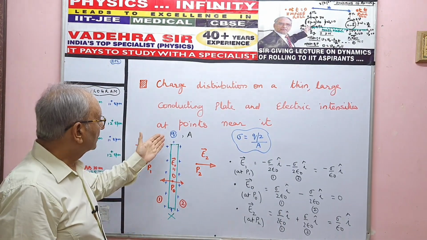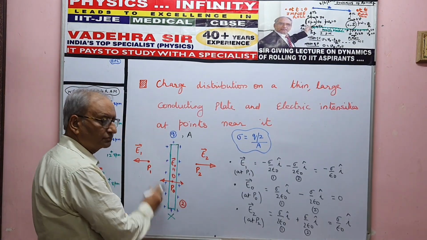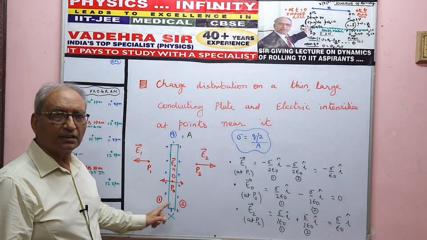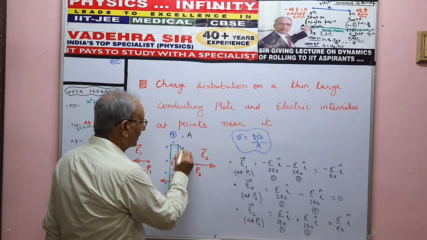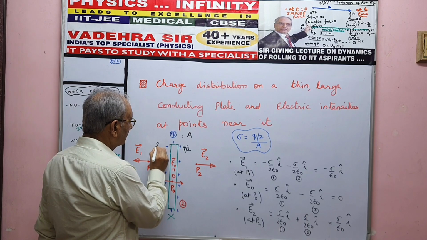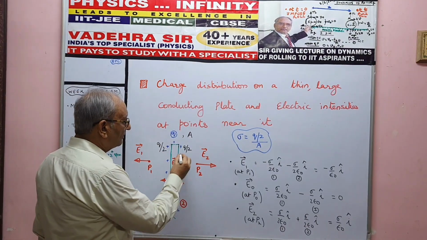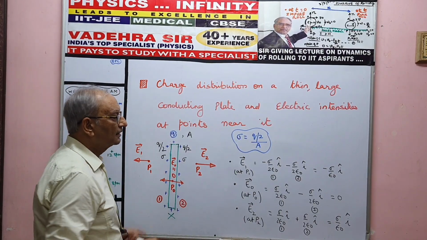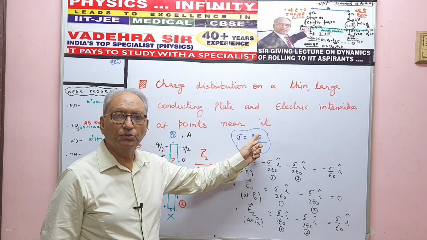So the charge Q will spread uniformly on the two surfaces, surface 1 and surface 2. Q by 2 on this side, Q by 2 on the other. Each will have charge density sigma, and the charge density would be Q by 2 divided by A.